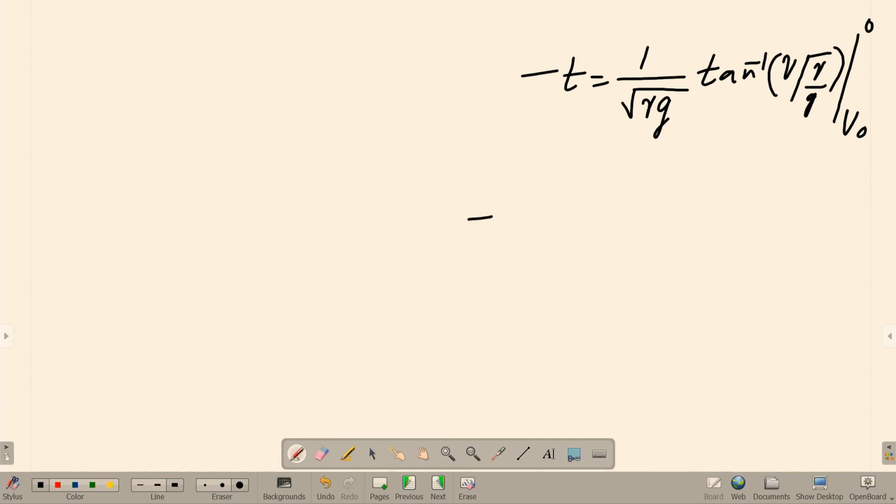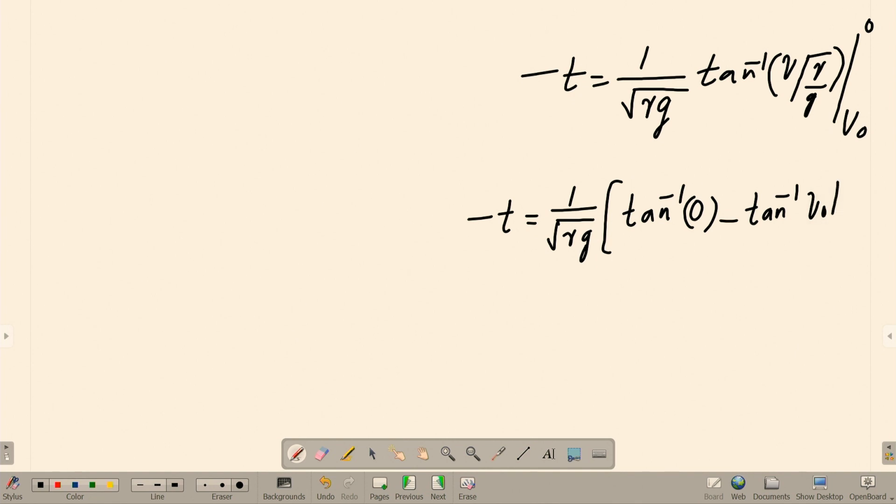Fine. Now we can apply the limit. When applying the upper limit, tan inverse 0 will come, because the velocity is 0, minus tan inverse of v0 under root gamma by g, since the velocity becomes v0.